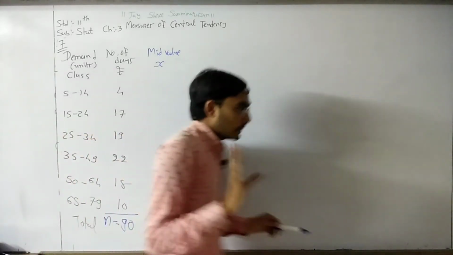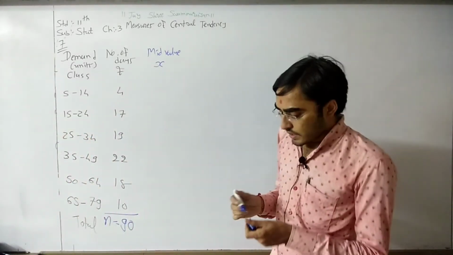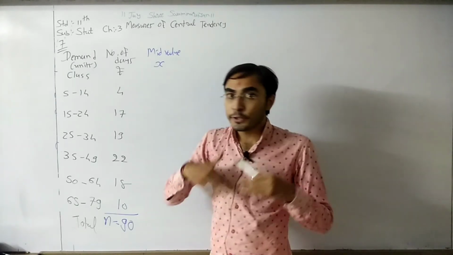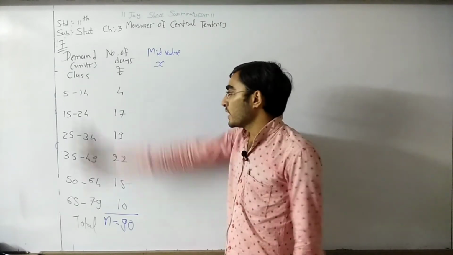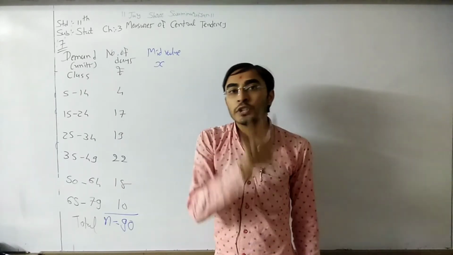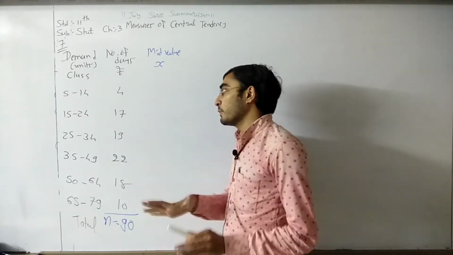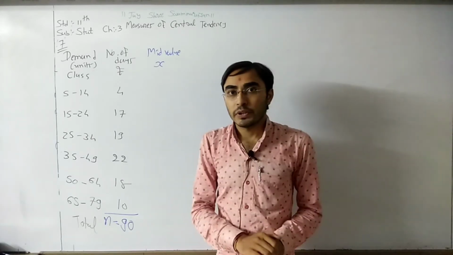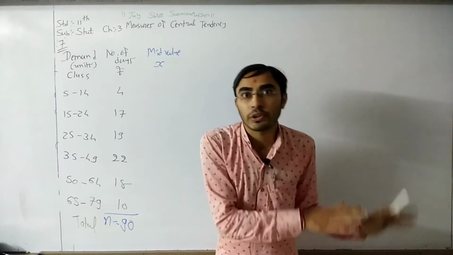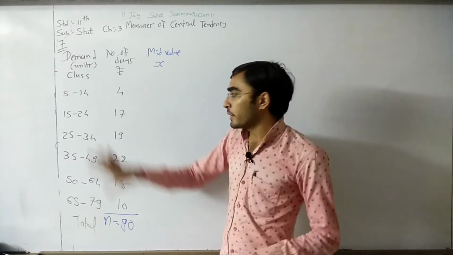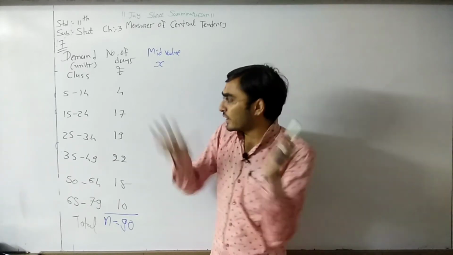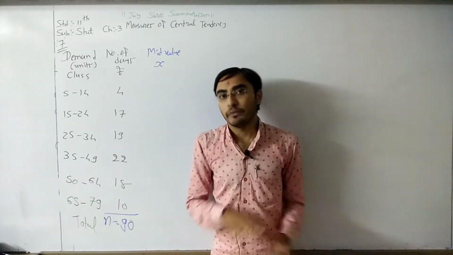One more thing here, the class is given in the form of inclusive class, right? Here inclusive classes are given to you. For finding out the mean, we do not need to convert inclusive to exclusive. We can directly find the mean in inclusive class and in exclusive class as well, and we get the same value.